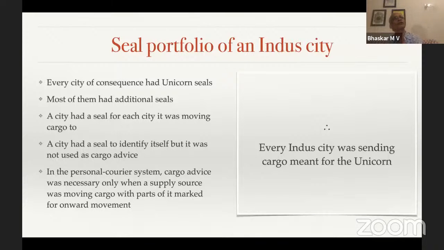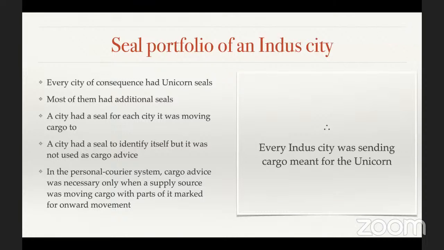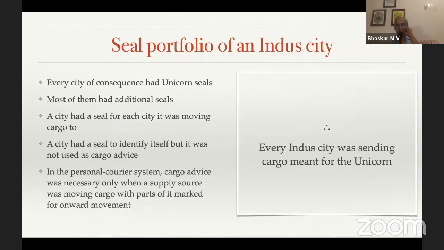These soapstones are fired to a very high temperature of, I think, almost 1,200 degrees, at which time they acquire not only a glaze and a polish and a whiteness, but also a hardness that is almost equal to granite. On the Mohs scale, it goes up to about 6.5, as opposed to a mined soapstone, which has a hardness of about 1 on the Mohs scale. So this is processed steatite, a specialized, locally available Indus material, and unicorn seals were standardized out of those, and always carved on those.